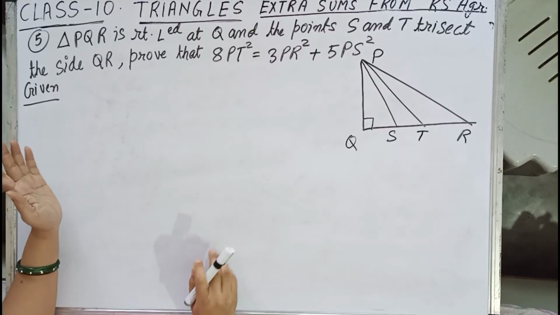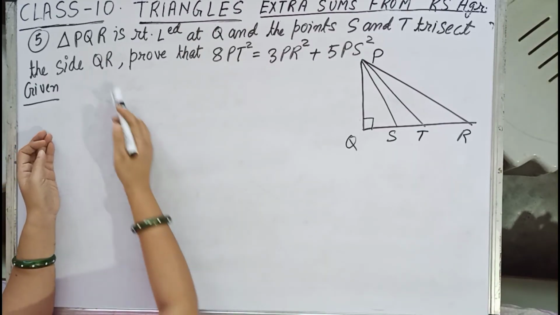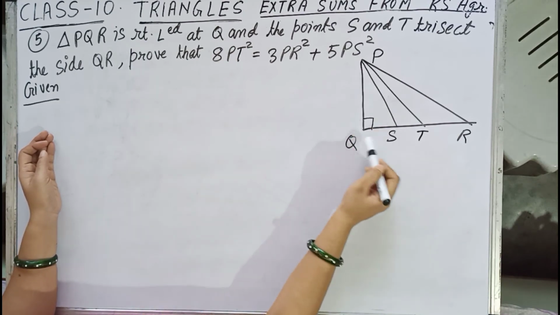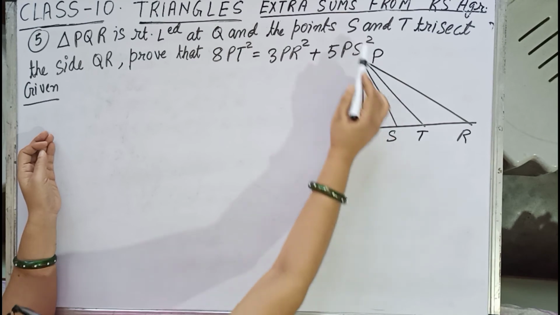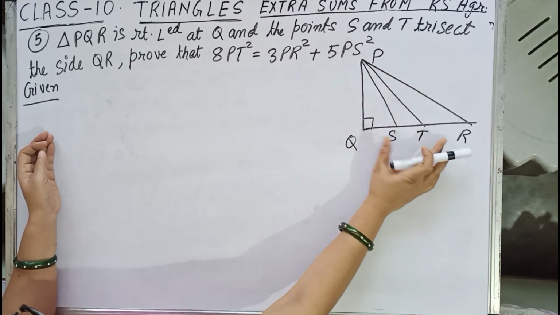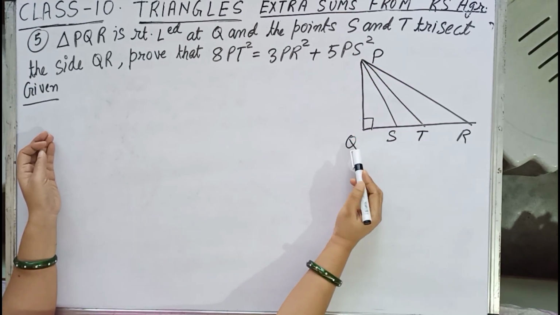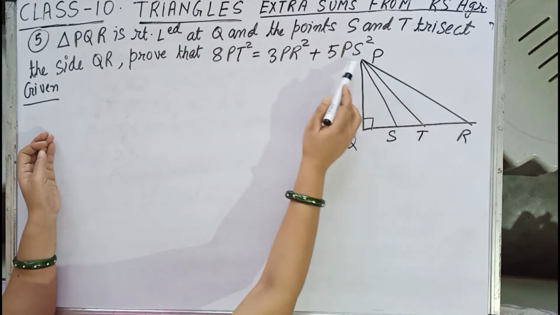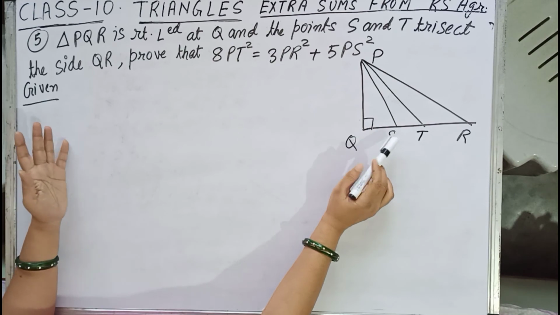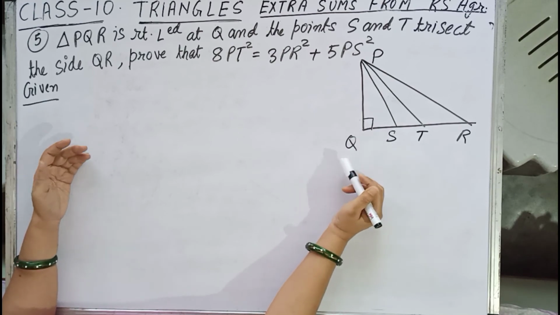Next, question number 5, which I have written over here: triangle PQR is right angled at Q and points S and T trisect the side QR. We have to prove that 8 PT square equals 3 PR square plus 5 PS square. Now this question also is an important question.